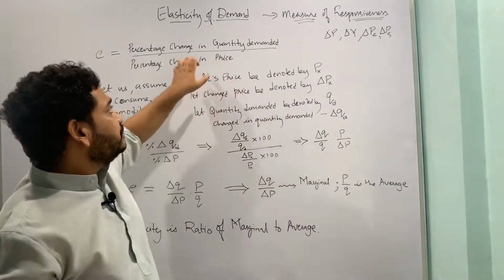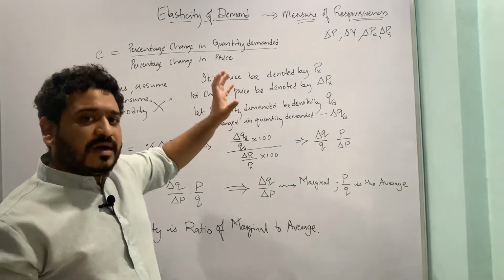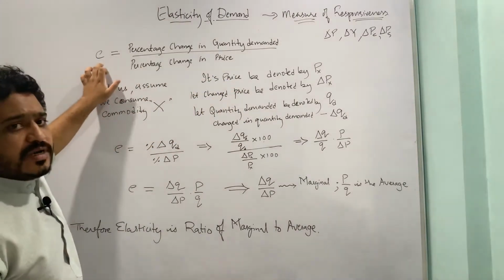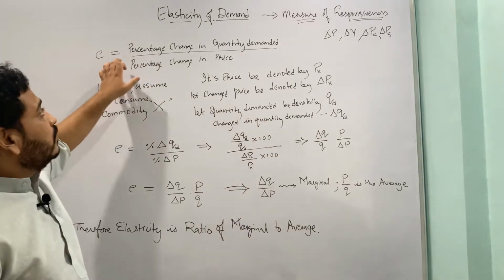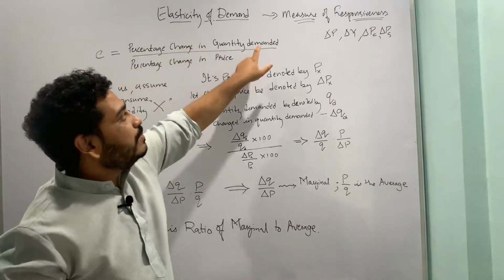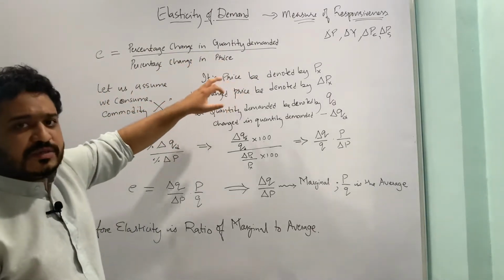Let us look at it with the help of some arbitrary example. Now elasticity is denoted by a small letter E, which is equal to the ratio of the percentage change in quantity demanded due to the percentage change in the price of the quantity which is being demanded.